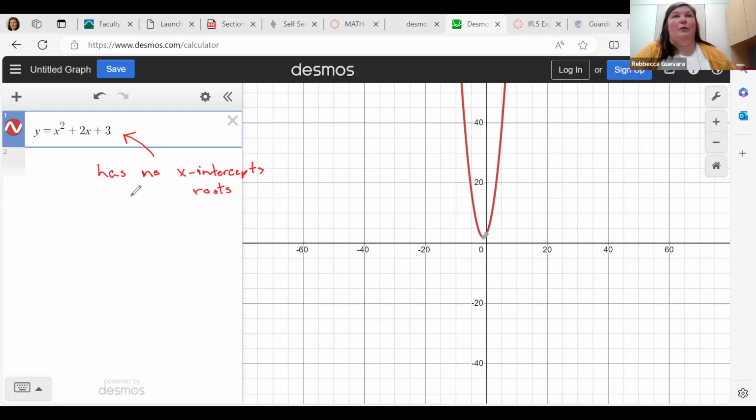So we have no real roots. Because I have no x-intercepts, if I set this equal to 0, this can't possibly happen, because there's no time when y equals 0. So we have no real number solutions.